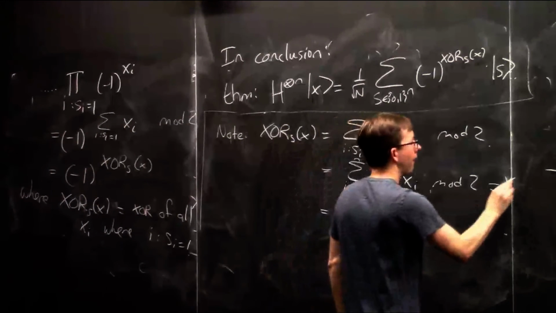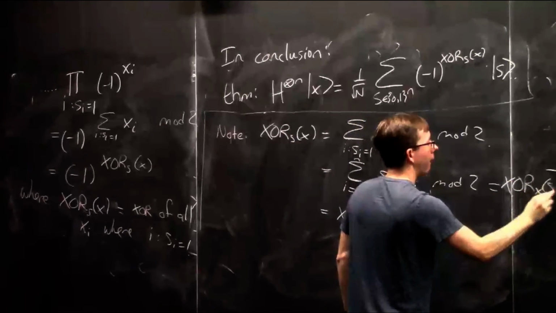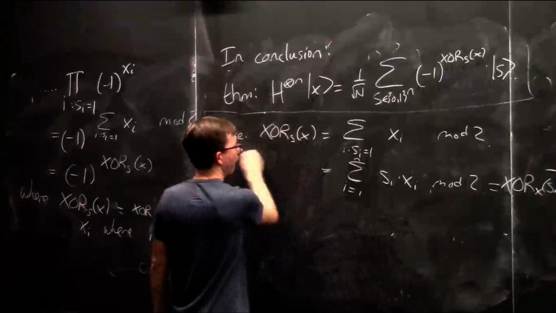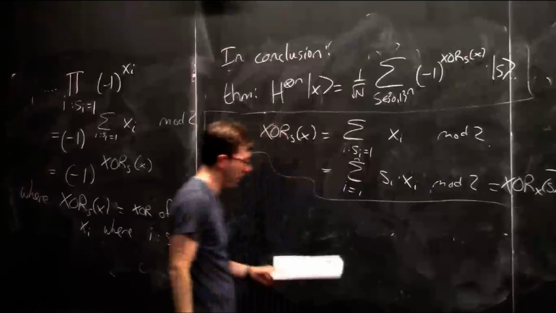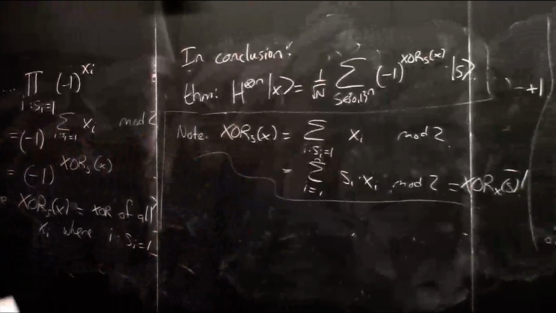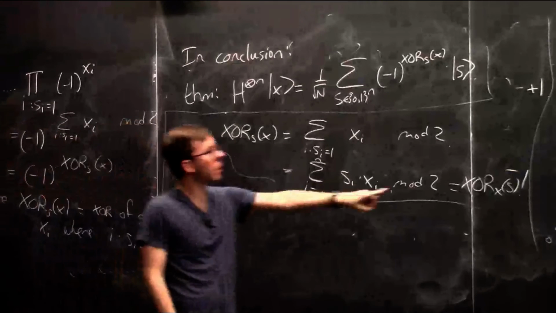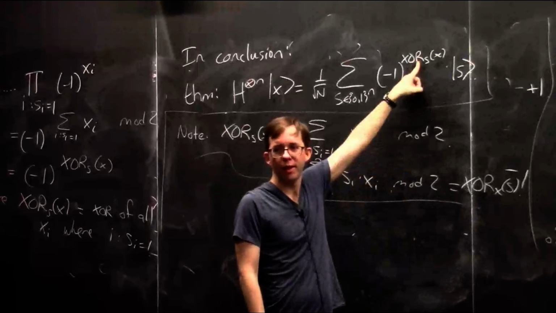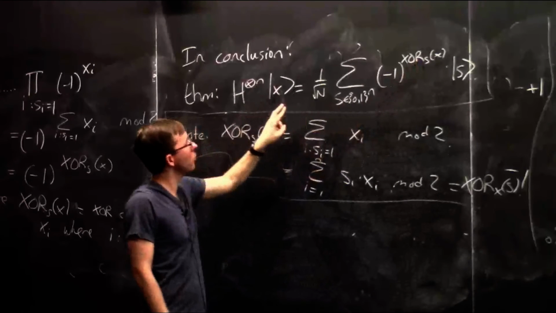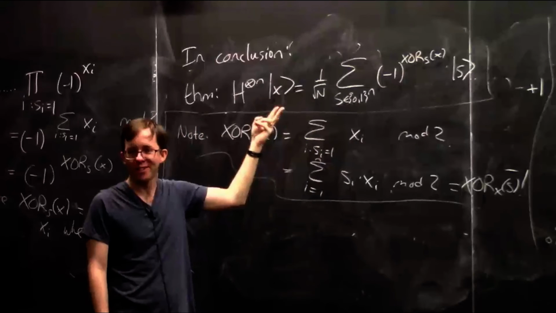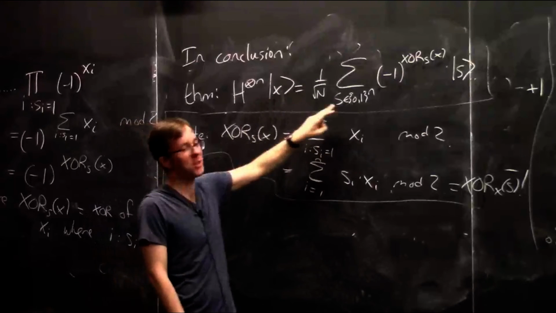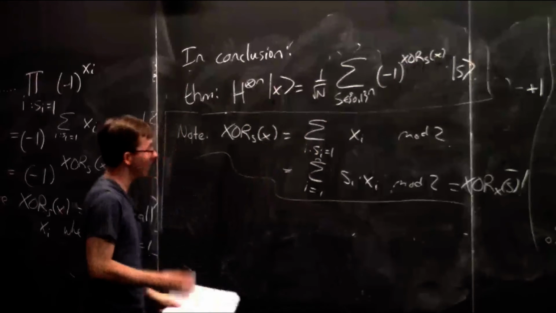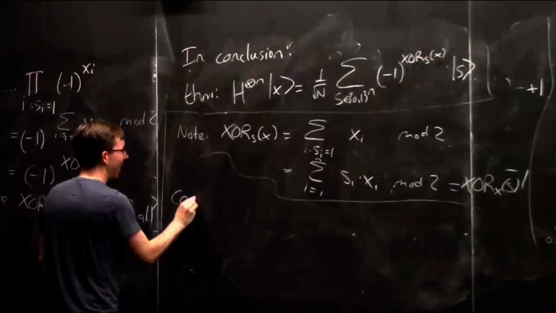Let me write that over here. So here's what I'm going to do now. First, I'm going to replace this by this. Then I'm just going to reverse the letters x and s. They're just dummy variables, just variable names, so reversing them does not change anything. Okay, so here we go. This is the magic.